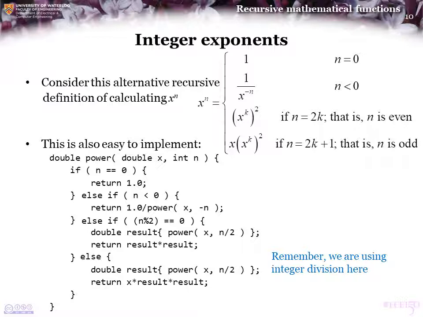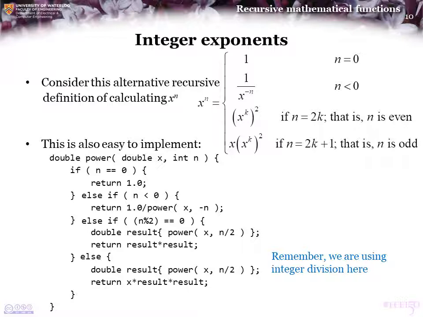So 5 divided by 2 will give me the value 2, not 2.5. Anyway, in this case, I calculate x to the integer division of n divided by 2, and then I return x times that result squared.